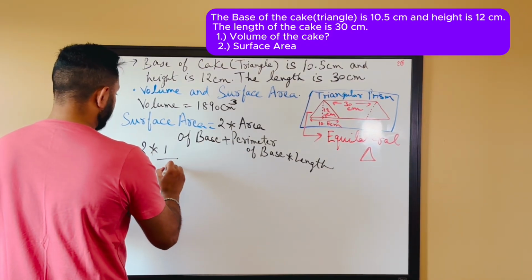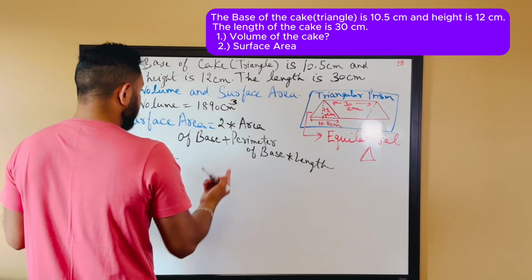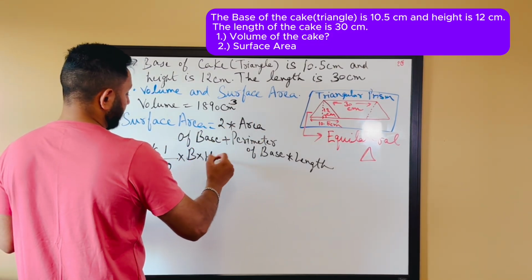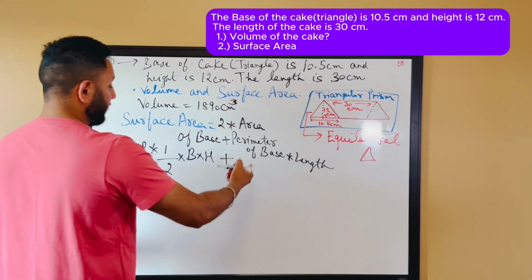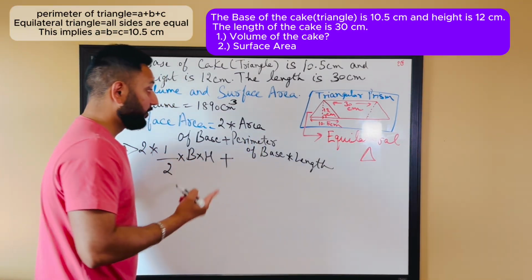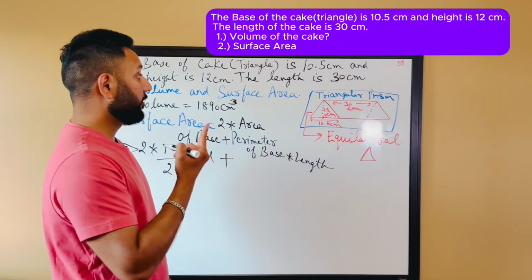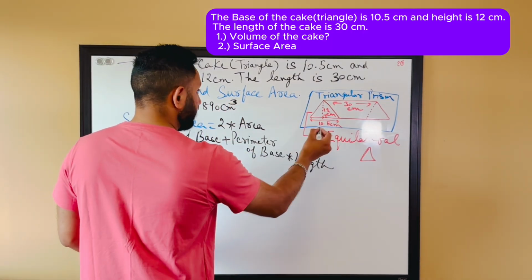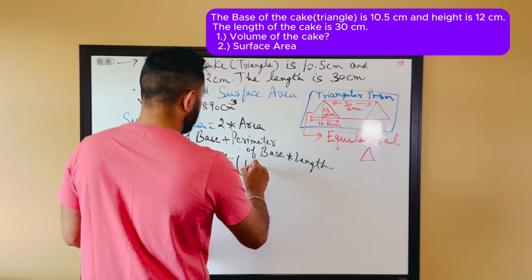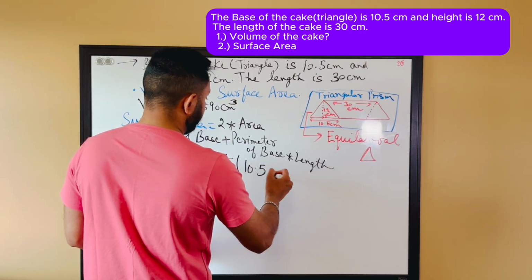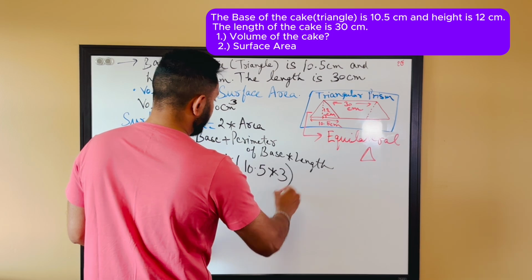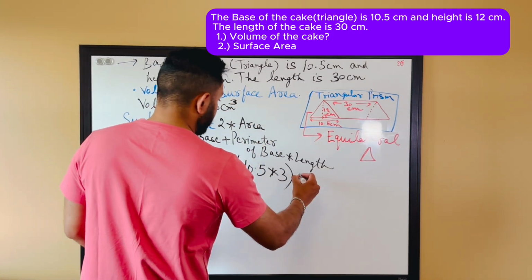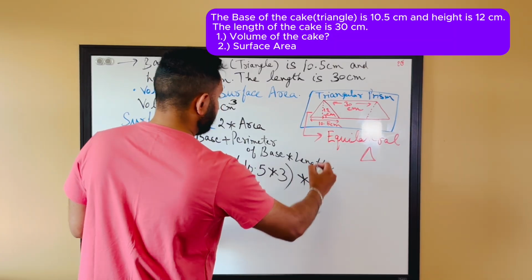The formula for the area of the base, which is triangle, is half base into height, and perimeter of the base. We already know that the perimeter is the sum of dimensions of the figure. So 10.5 into 3. Why 3? Because all the sides are equal, into length, which is 30.